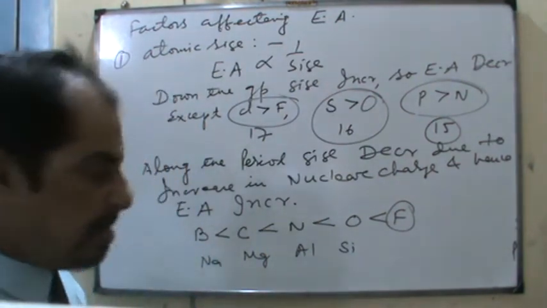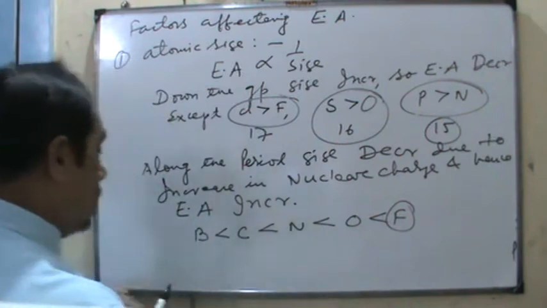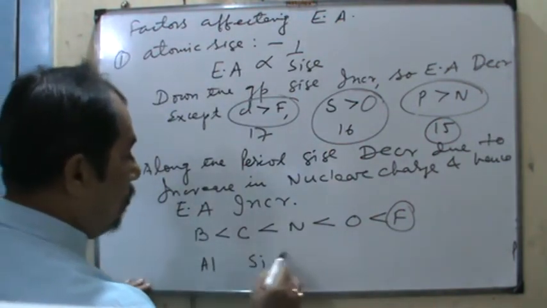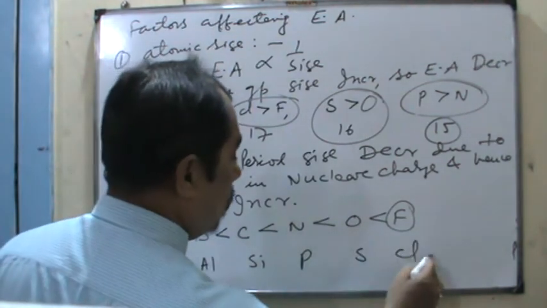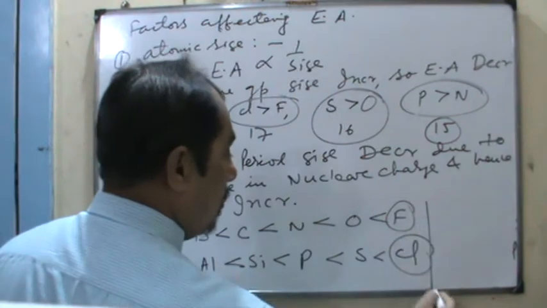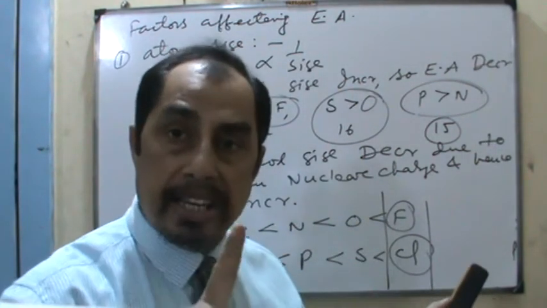Better to say p block elements, right? So you take aluminum, silicon, phosphorus, sulfur and chlorine. No doubt in their respective period, chlorine has very, very high electron affinity. But down the group, chlorine is an exceptional case.